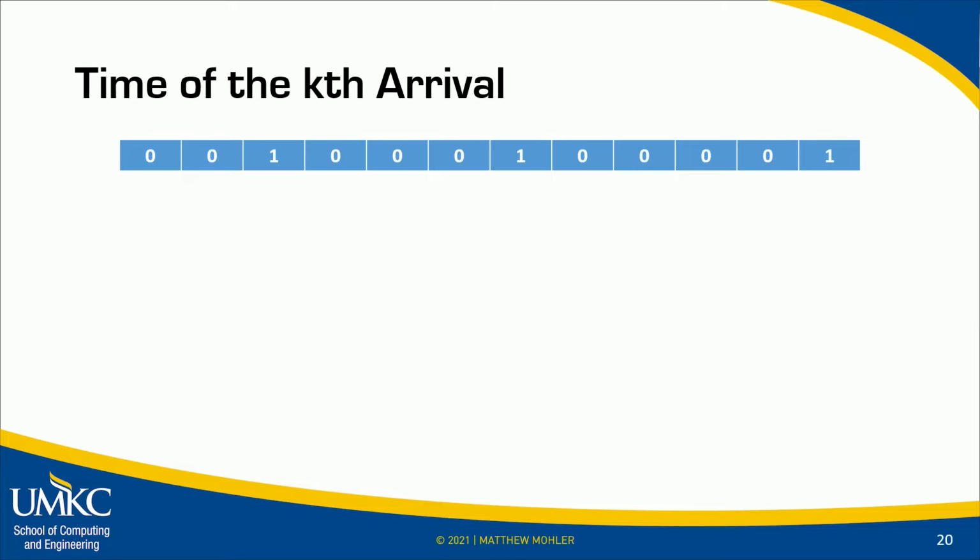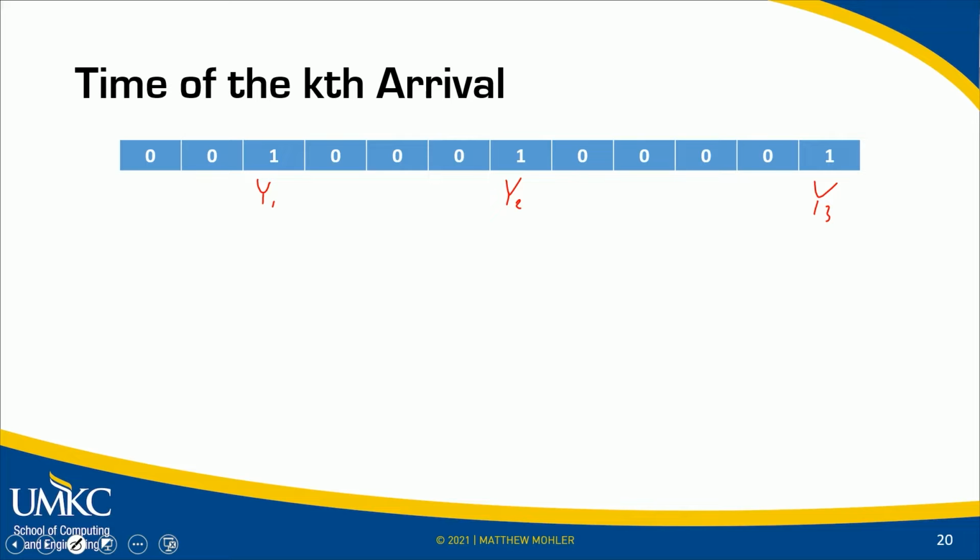So let's first say that we have a Y that is the time of the kth arrival, or the index of the kth arrival. So for this one, we would say that our y sub 1 occurs at this first one, and then we have a y sub 2 at the second one, and ultimately y sub 3 over here at this third one.